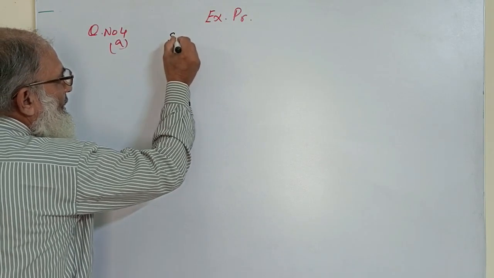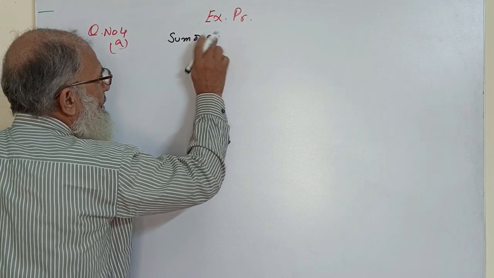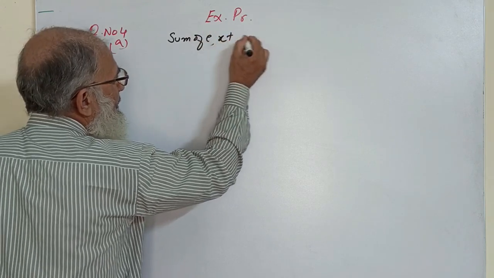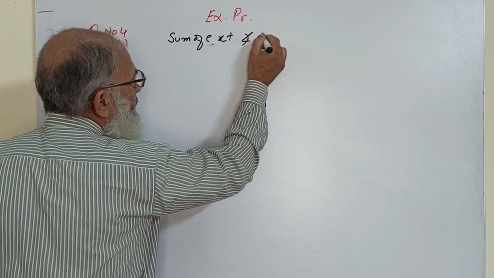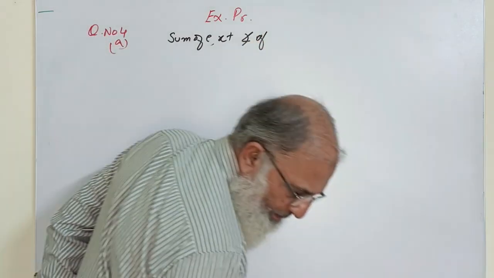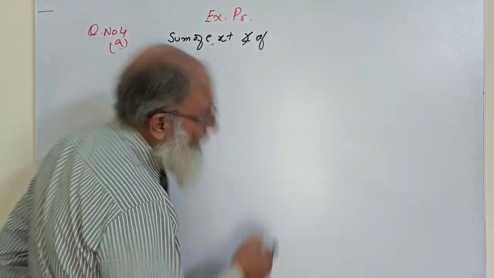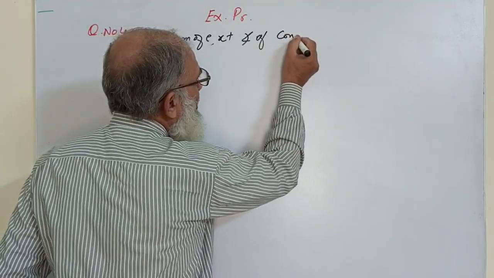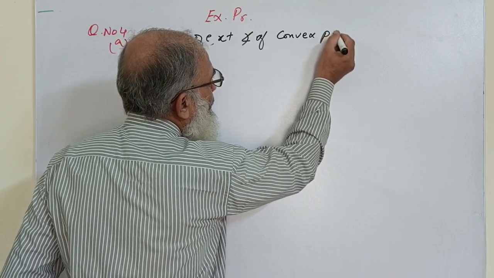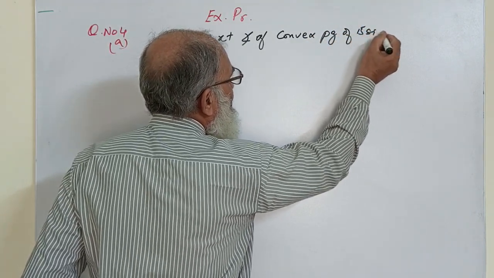Sum of exterior angles of a convex polygon with 15 sides.